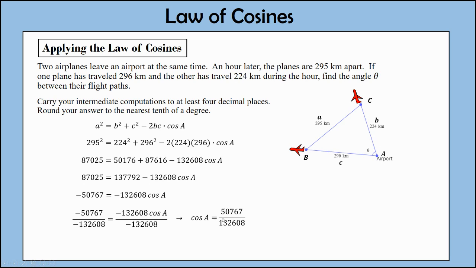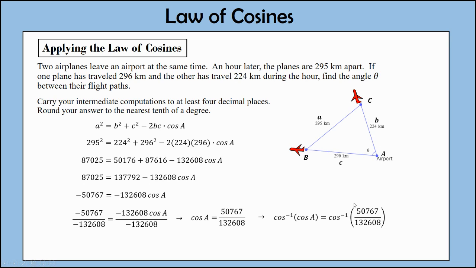We want to find out what A is. Well, to find out what A is, we've got to eliminate the cosine. What eliminates cosine is cosine inverse. So the cosine inverse of the cosine of A will cancel that out and give me angle A. Cosine inverse of this number will give you your answer.